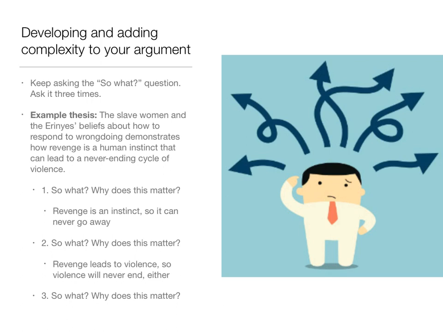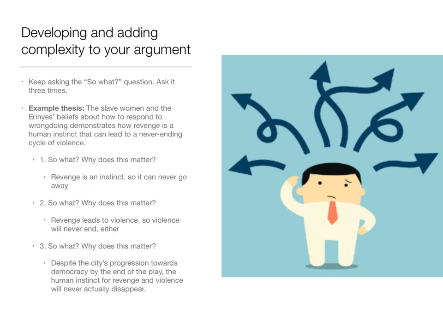So the last time, so what, why does this matter? Why does it matter that revenge is our natural instinct and that revenge leads to violence? So if revenge is an instinct and it will never disappear from us, violence will also never disappear from this world. Well, I can think about the play. Right? Athens makes this progression towards democracy, towards civilization.